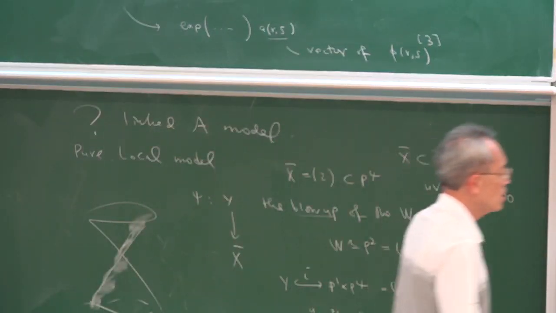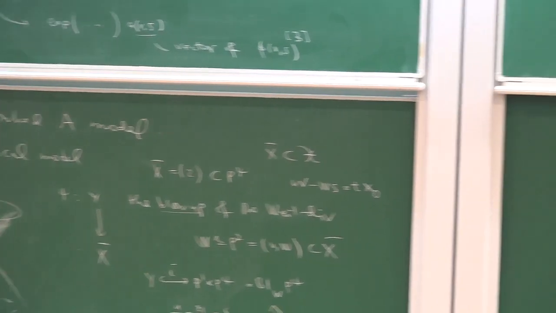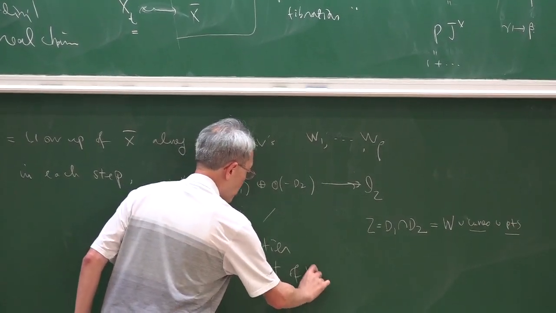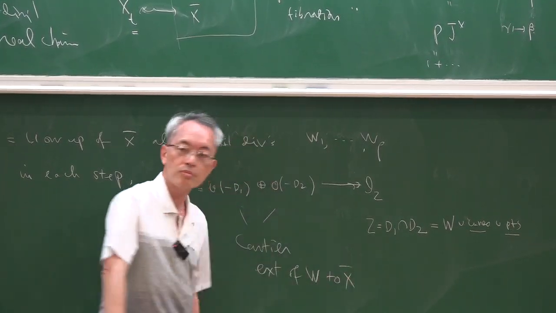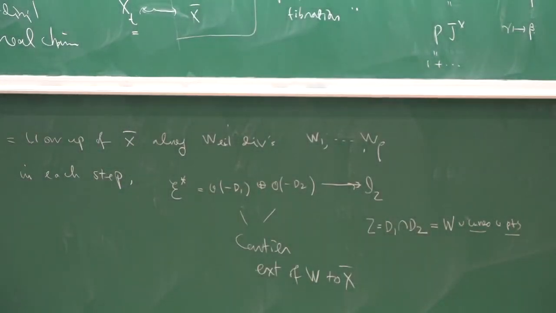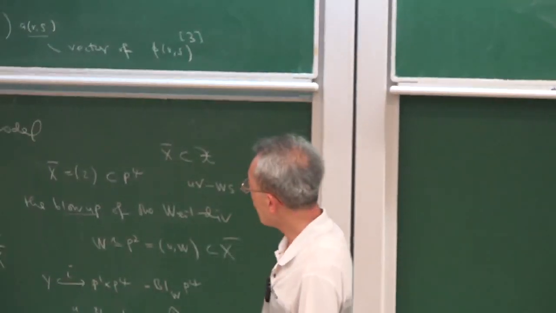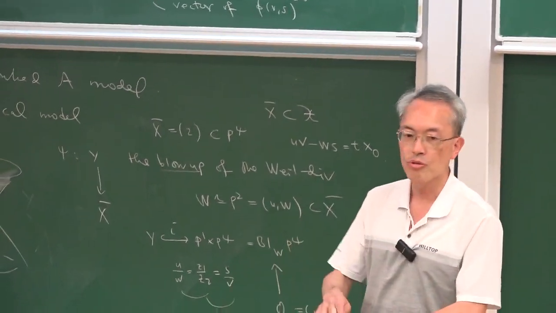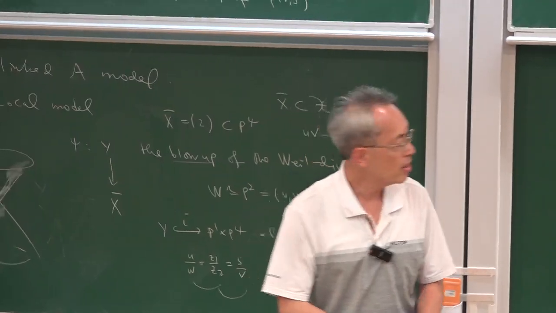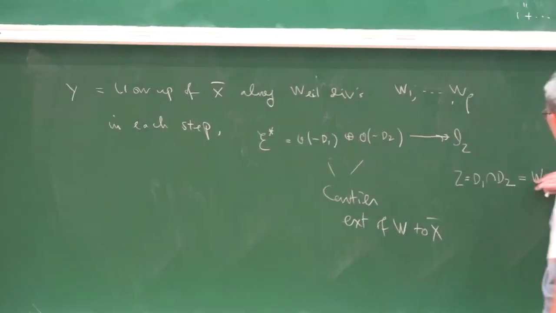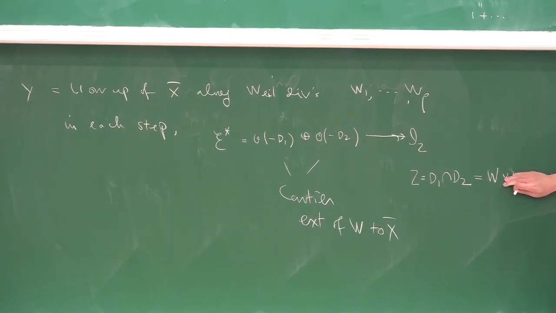So here, D1, D2 are Cartier extensions of W to S bar. And you can have at least two ways to extend it. And if you are in a local model, then the intersection will be exactly W. Then the picture will be perfect.